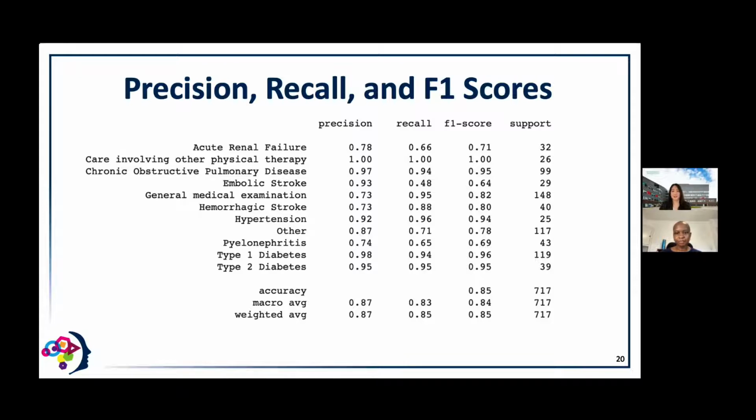And again, just to recap, the F1 score is a weighted average of the precision and recall scores. It's a way to combine the two, but take into account that we don't want either one of these scores to be too low. So it's sort of a weighted harmonic average of these two scores.